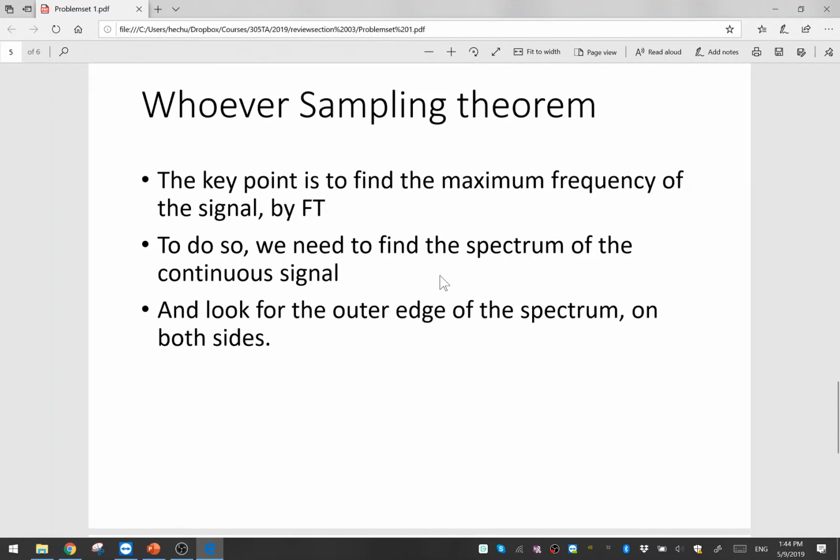Then let's go to the sampling theorem. As I said before, for sampling theorem problems, it is still a problem of Fourier transformation. For the sampling theorem, we are going to find two things.